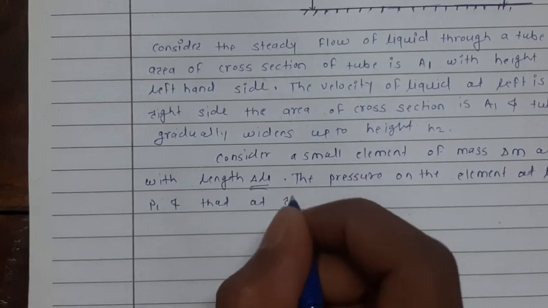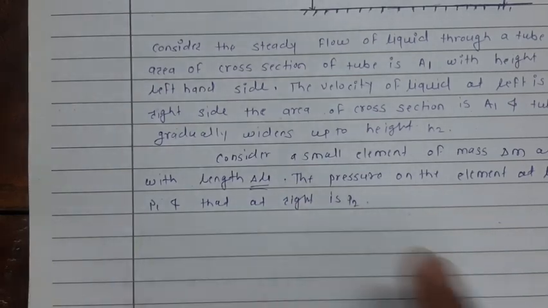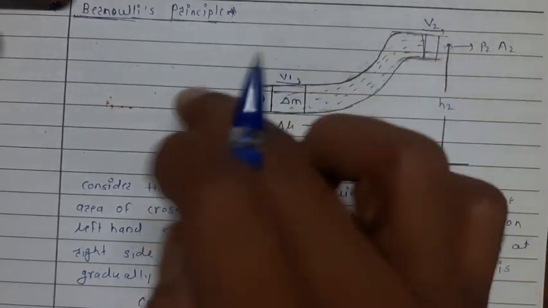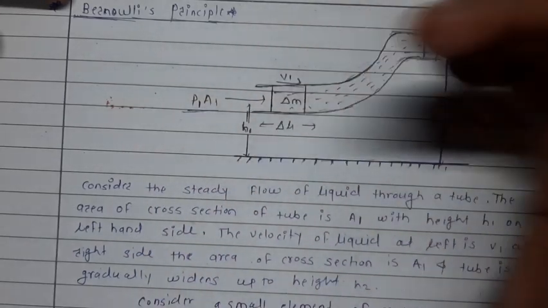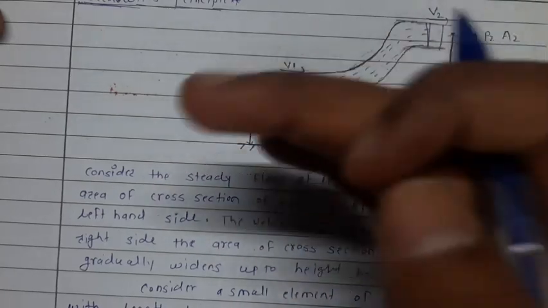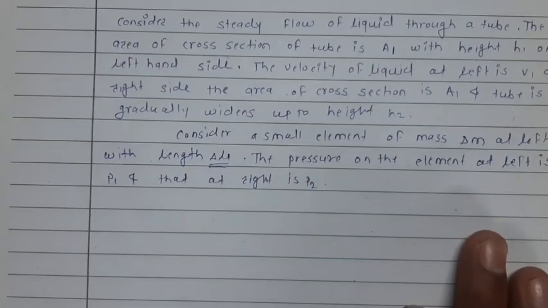When the element is at the left-hand side, its pressure is P1, and when it reaches this point, the pressure is P2. The force due to the pressure acts in this direction at the right-hand side, and at the left-hand side it acts in this fashion.